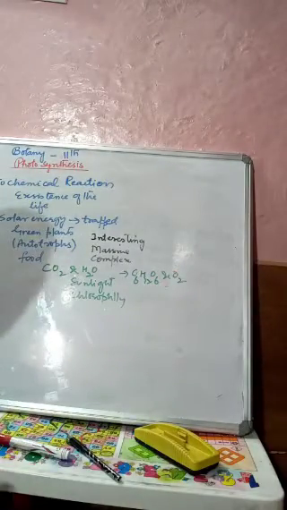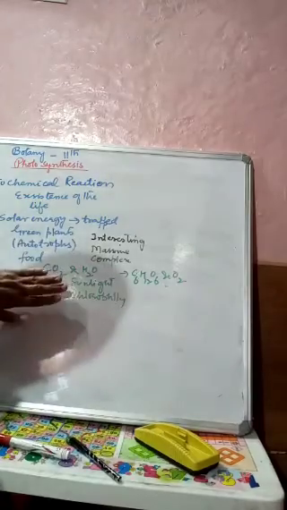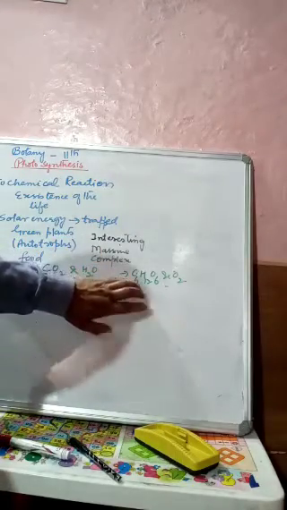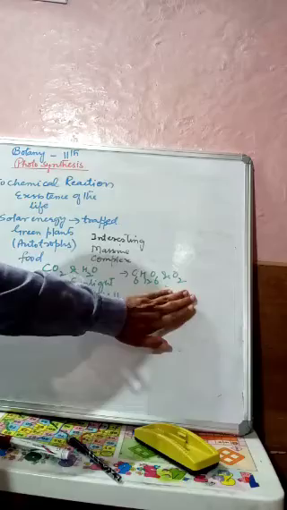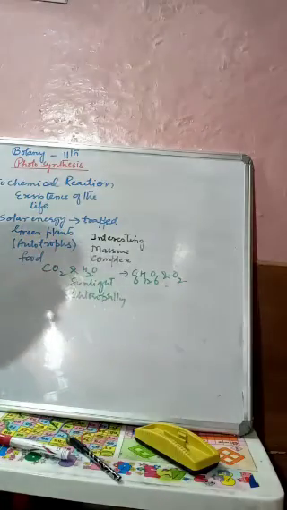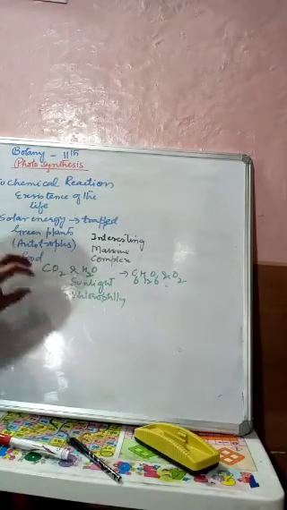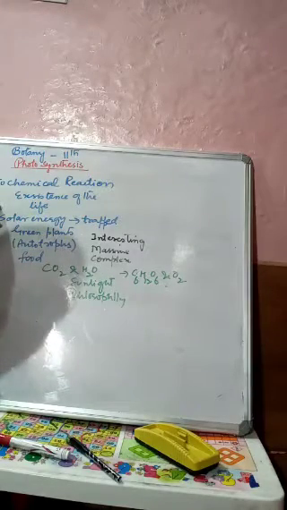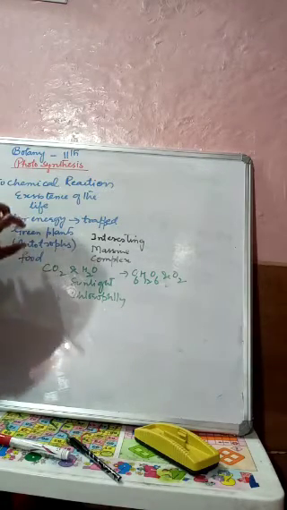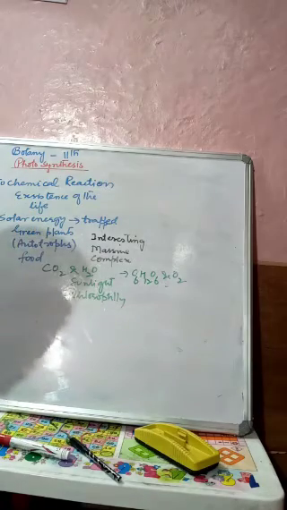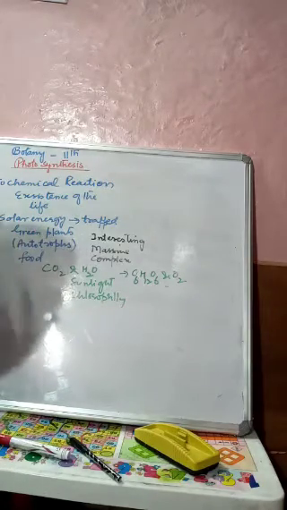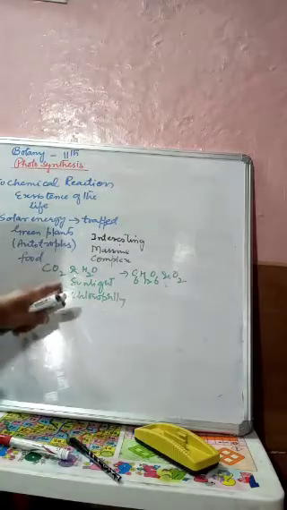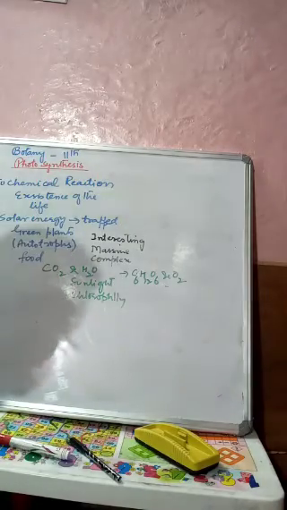So this carbon dioxide and water is converted into carbohydrates with the liberation of oxygen. Photosynthesis is the absorption of the solar energy, the light energy, and this light energy is then converted into chemical energy.